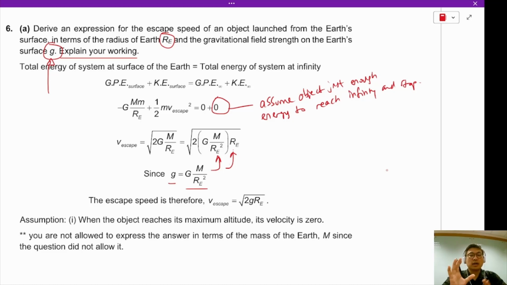Can you see how the algebraic manipulation is done? All right. So the escape speed v escape is equal to the square root of 2 times the gravitational field strength multiplied by the radius of the Earth. Okay, so you can't express your answer using any other variables because the question does not allow for it. You can only use the variables Re and gravitational field strength g.